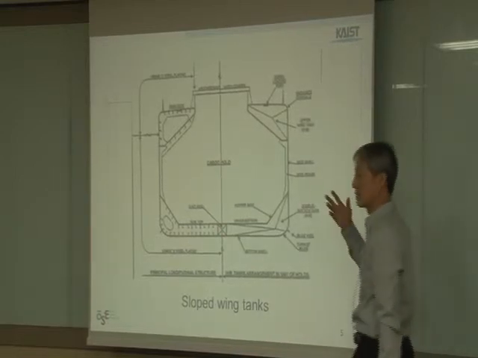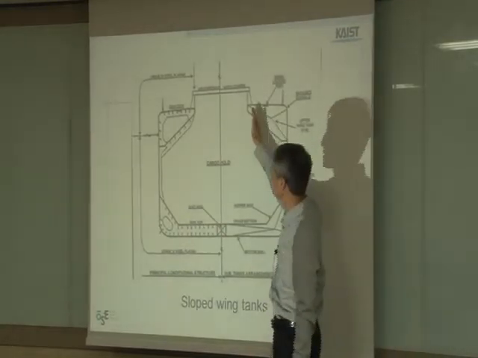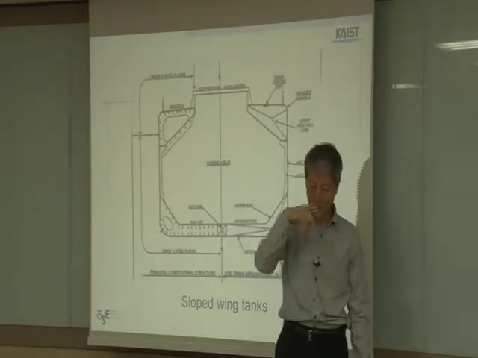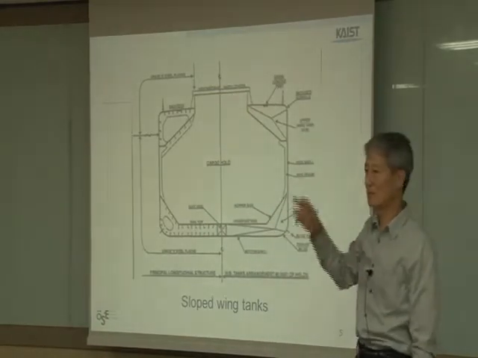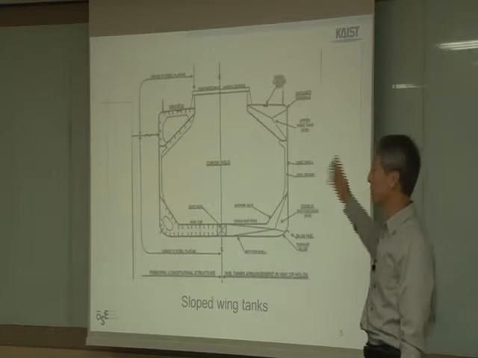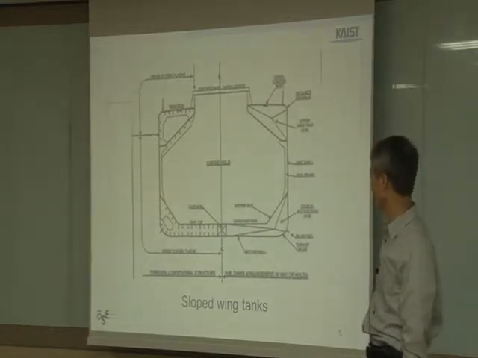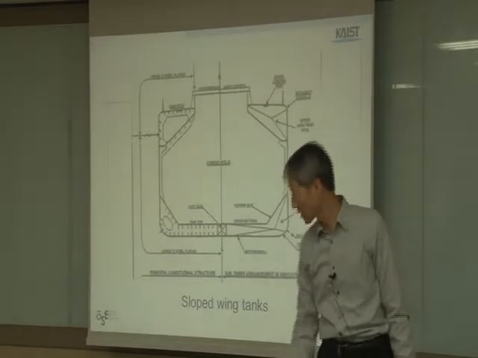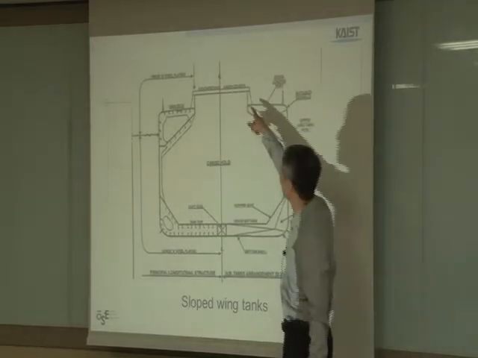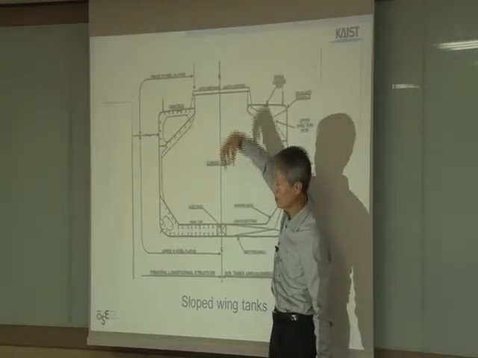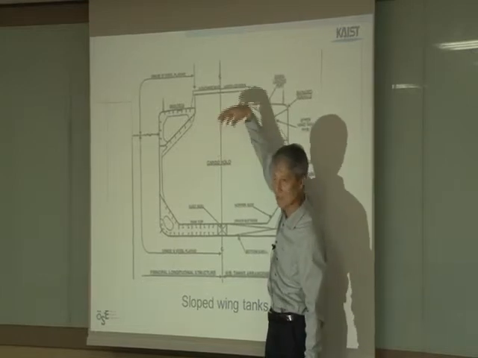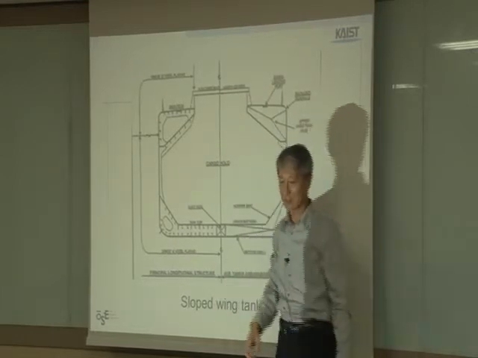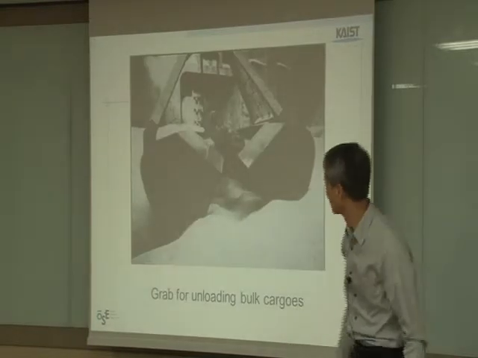Also, there is another reason, because grain or dry bulk property naturally comes with this. Okay, and there is a hatch cover. We need to have a grab put inside here, going down, such as this one.